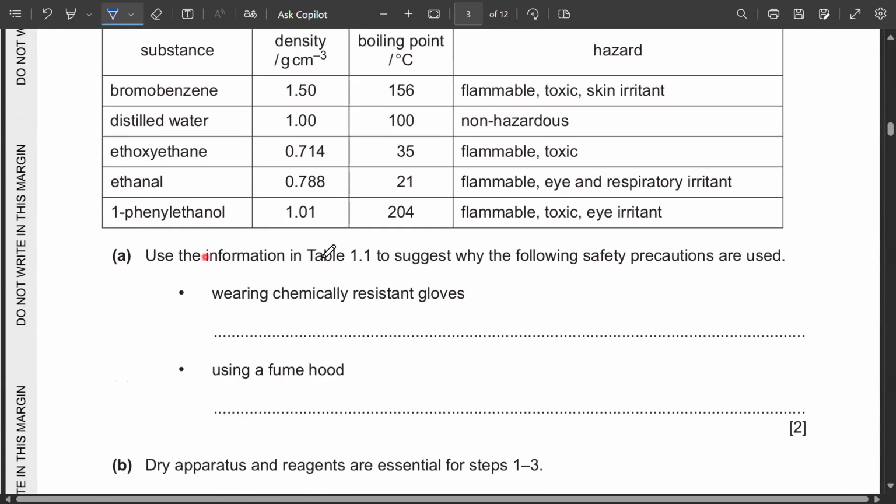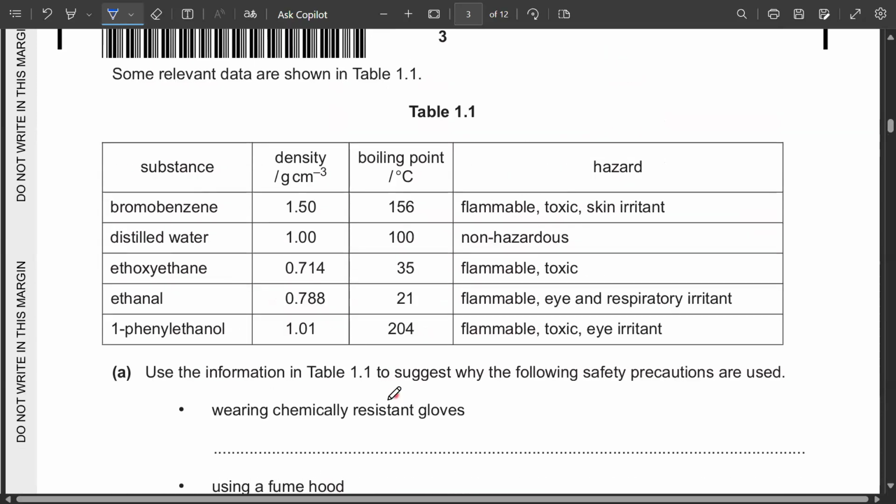The question is, use the information in table 1.1 to suggest why the following safety precautions are used. Point 1, wearing chemically resistant gloves. Now we have to understand why chemically resistant gloves are supposed to be used in the lab. For this purpose, we will just look at this table.